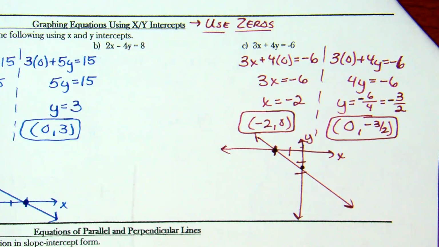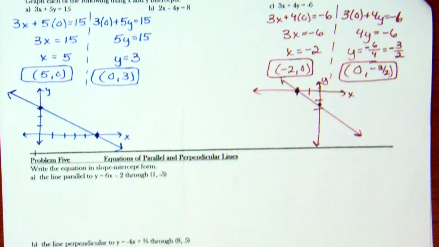First of all, the directions ask us to write the equation in slope-intercept form. What is slope-intercept form? Again, y equals mx plus b. So that means when I get done with a problem, it's going to look like y equals mx plus b.